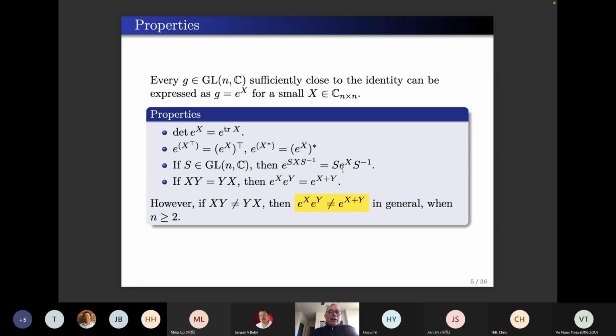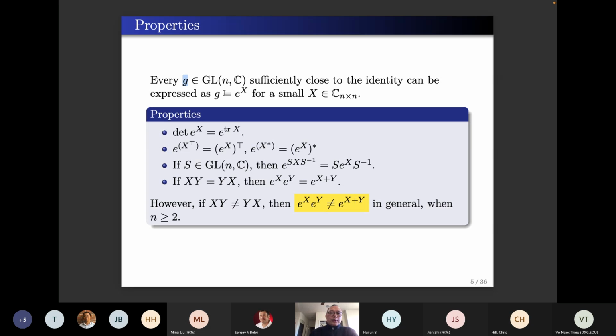Okay, here's a list of properties of the matrix exponential. First, I would like to mention that if you choose a matrix G very close to the identity in GL(n,C), the group, then such a G can be expressed as the exponential of some matrix X in C^(n×n), or you can use the Gothic gl(n,C) to denote that.